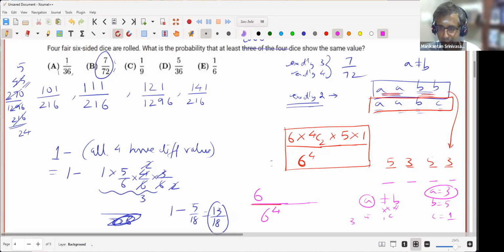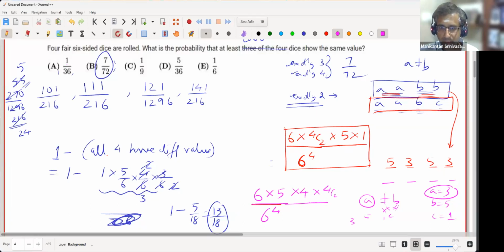So in 6 ways, I've selected my special number, which will appear twice. And then the next number in any of the 5 ways, next number in any of the 4 ways. Having done this, I already know my selected number is 3. I just have to decide which 2 spots the first selected number, namely 3, should go to, right? Which again is 4 choose 2 ways, which is 6 ways. You guys agree?